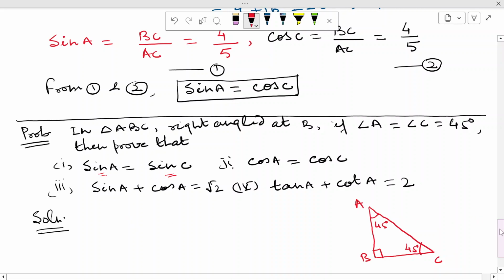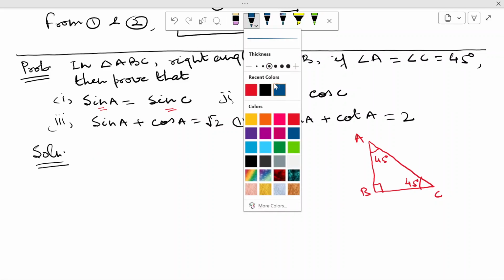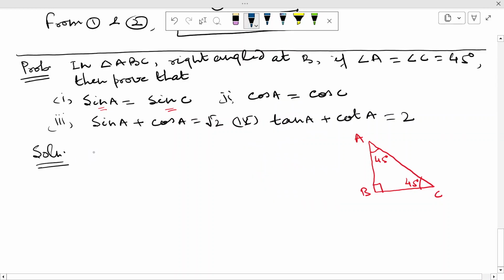Now we have to show that sine of angle A is same as sine of angle C. Here we have to use a concept that sides opposite to equal angles are equal.